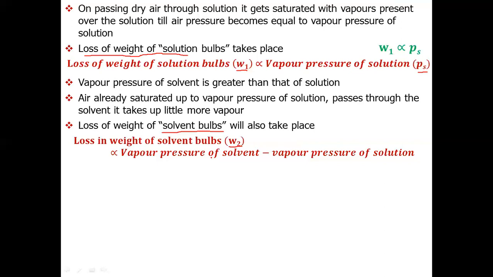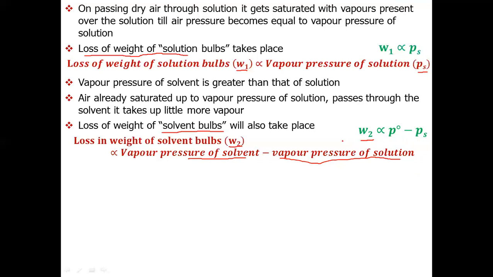So this weight loss W2 will be proportional to the vapor pressure of the solvent minus the vapor pressure of the solution. How much vapor it can absorb corresponds to the difference in vapor pressure of pure solvent minus vapor pressure of solution. Mathematically, we can write W2 is proportional to P naught minus Ps.